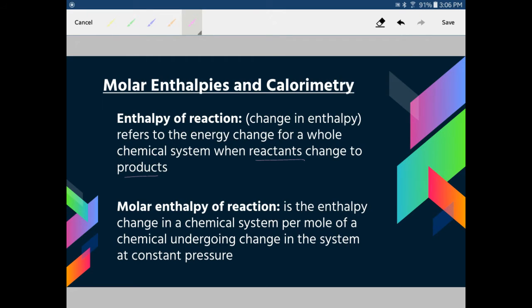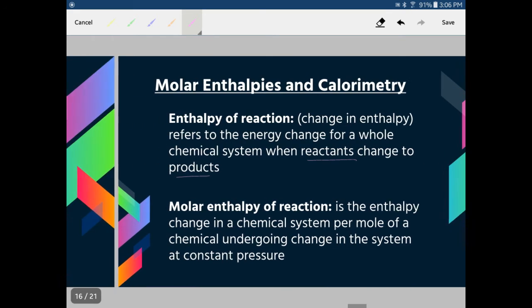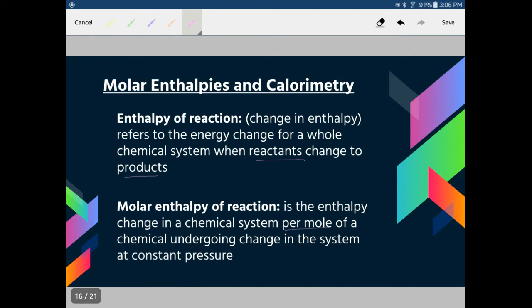Now, we can talk about molar enthalpy of reaction, which is the enthalpy change per mole of a chemical. So instead of looking at however much is in the system, we're going to look at it as a molar value, or per 1 mole. Okay, and we're going to say that this is at a constant pressure as well, just to be a sort of standardized thing.